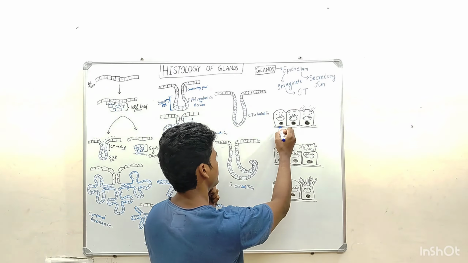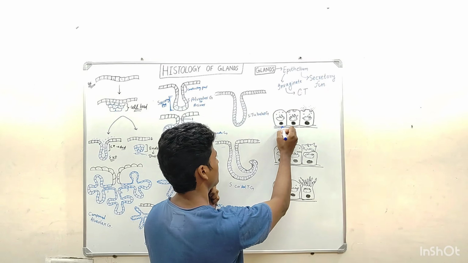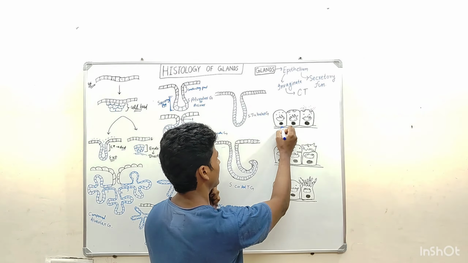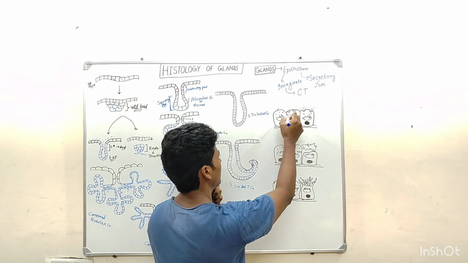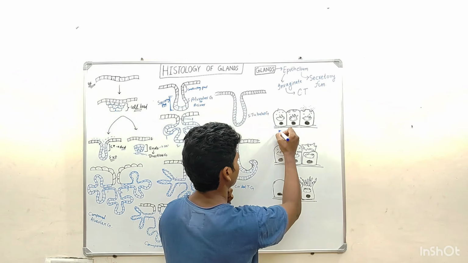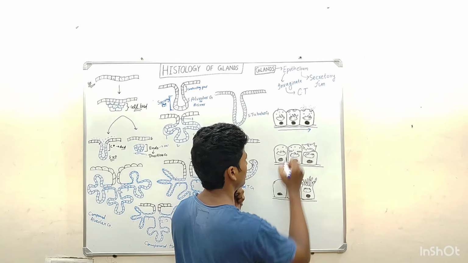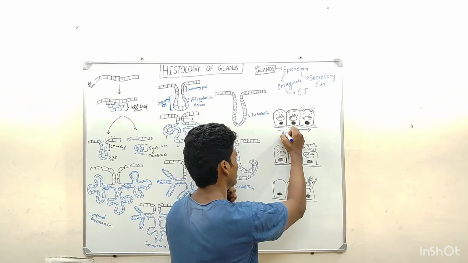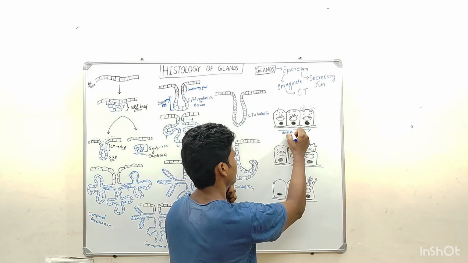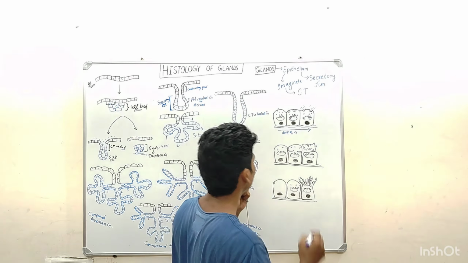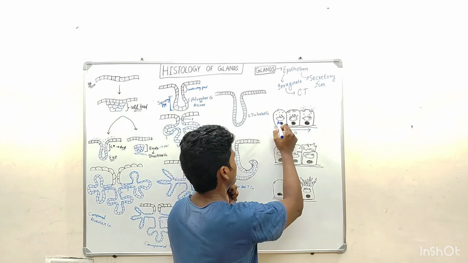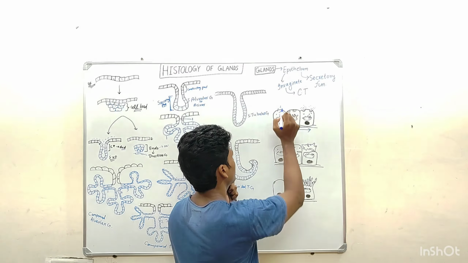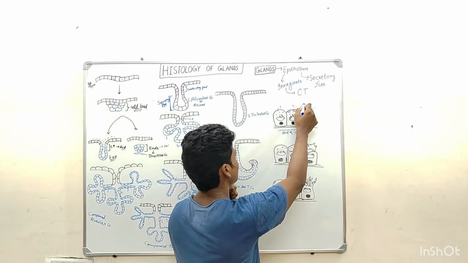So as you see, this is a gland. This is one gland and its continuation. What you are seeing in this picture is the development of the gland. So this is phase 1 of development, this is 2 and this is 3.